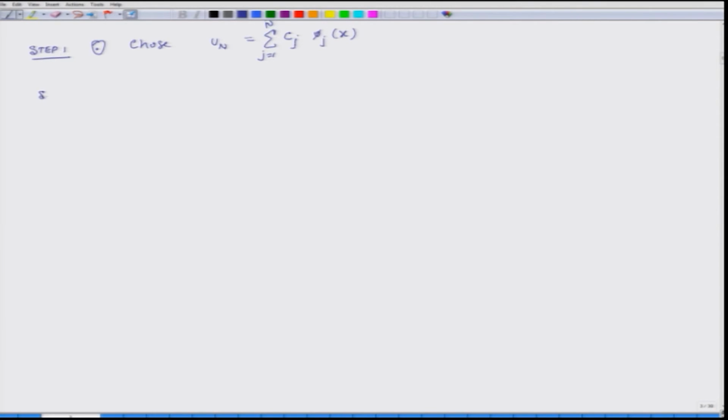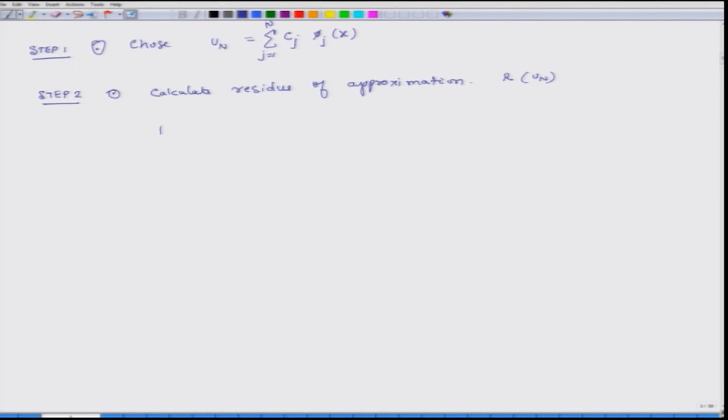Second step involves that we calculate the residue of approximation. So, I write our residue as r, and it is a function of this un, which is an n term solution for the dependent variable u.